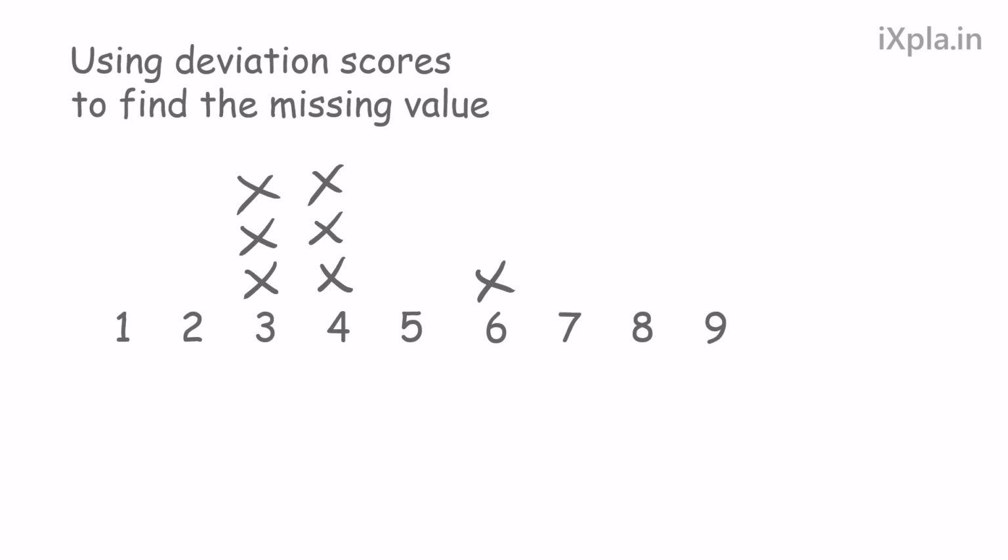Now, we need to find a missing score. There is one more score that I haven't put in here, and we need to figure out what that score is.